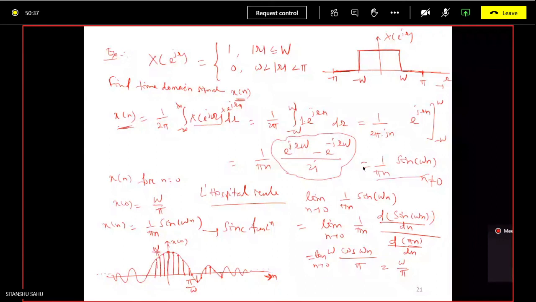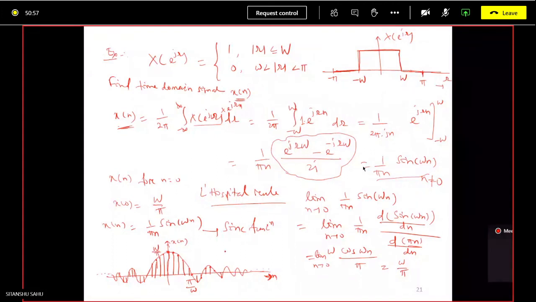This is the value omega by 2 pi here. Like that only. Okay, so you can omit the envelope now. So this will be the discrete time sequence.